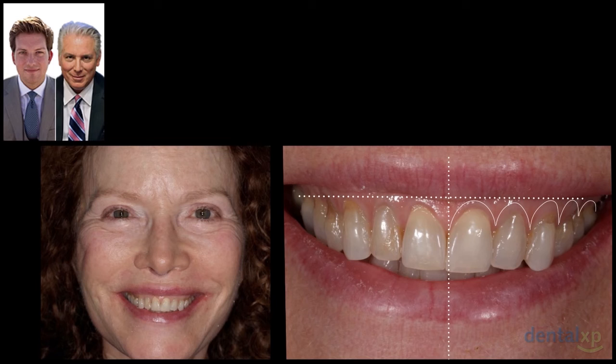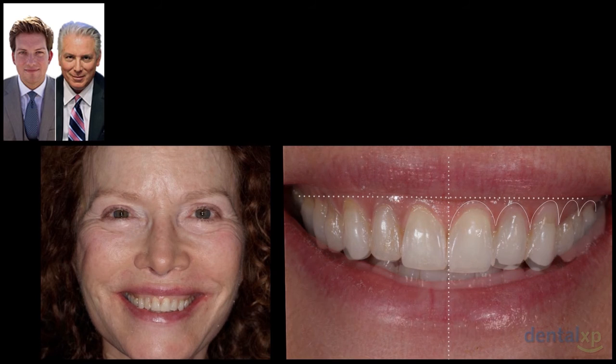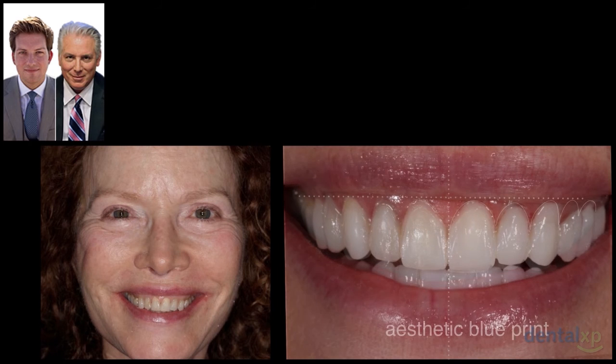So what we have devised is a way to do this aesthetic provisional application in the patient's mouth to gain final form of tooth structure. And when we do that, we're able to see exactly where the teeth need to be in order to design the smile.